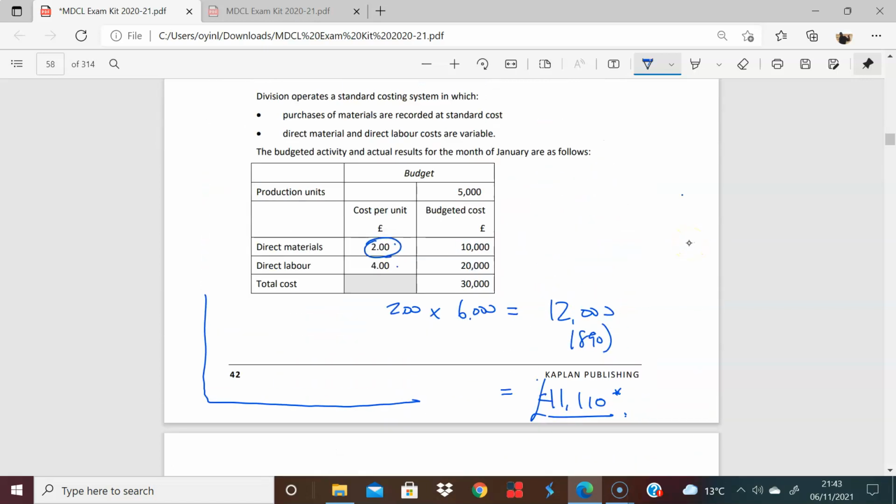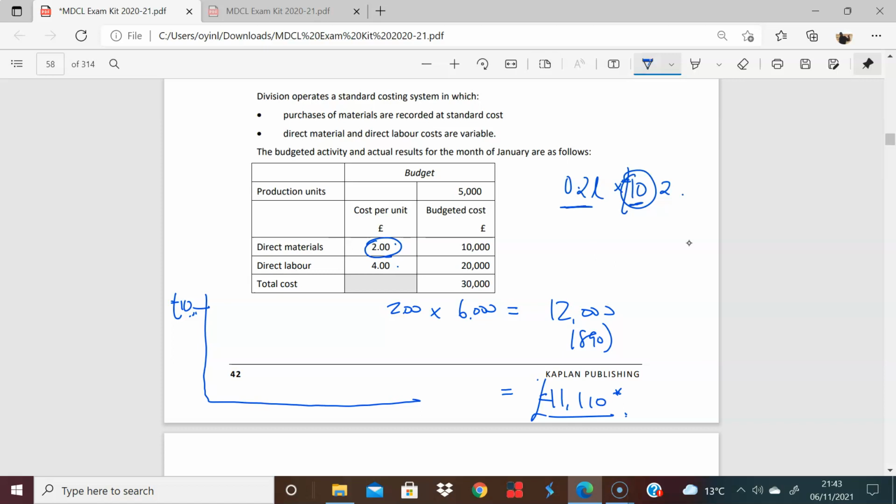And if you need 0.2 liters to make a unit and you're spending £2 per unit, it means that the standard cost of a liter is £10. The standard cost of my liter is £10, right? That's the first thing. It must be, because if you're spending £2 and you need 0.2 liters to make a unit, it must be £10.